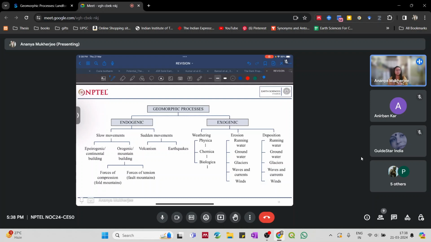Endogenic processes are those whose causes lie below the Earth's surface, like the plate tectonic movements that we see, or volcanism, earthquakes, the pushing of two plate boundaries or the pulling away of two plate boundaries. In all, plate tectonics plays the most important role in the endogenic processes that we have.